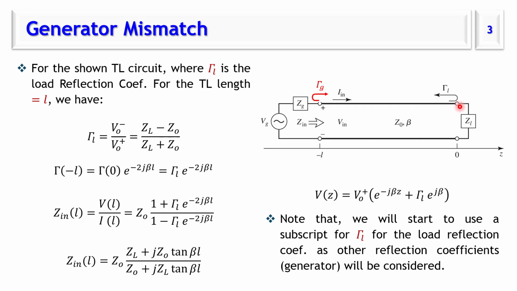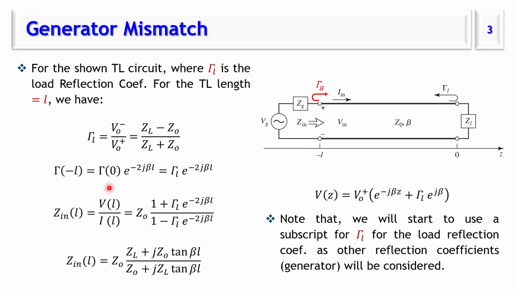When the wave reaches the load, part of it will be reflected, and this is gamma L, gamma at the load, and gamma at the load is related to gamma at the input.